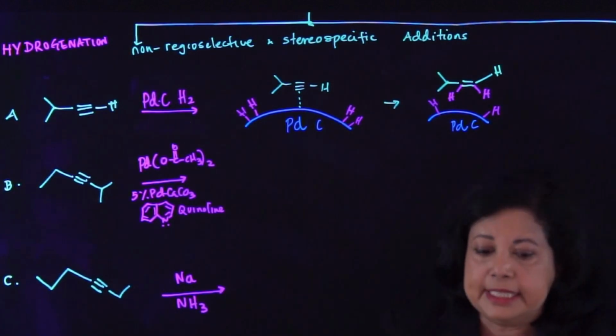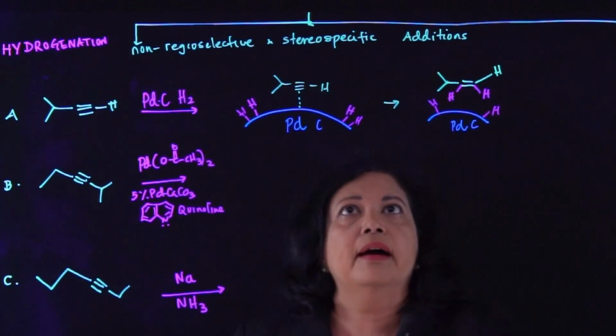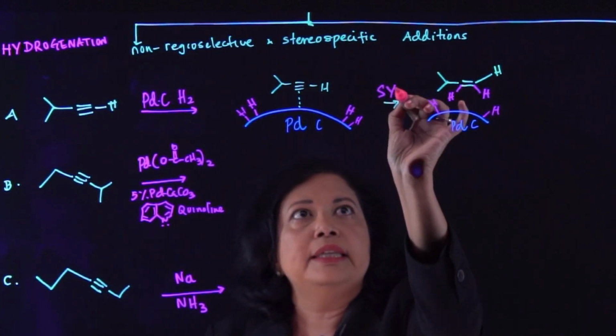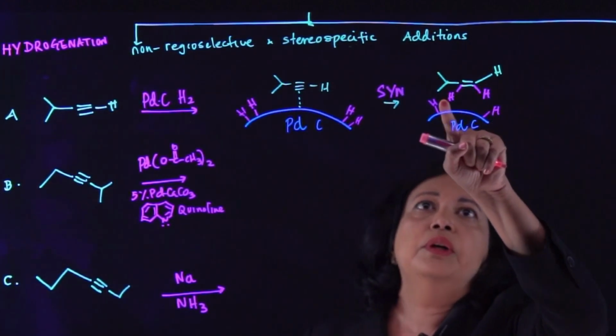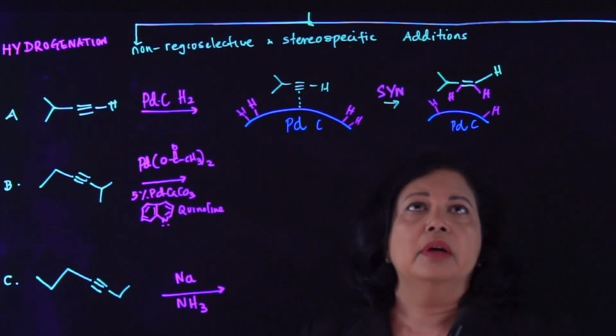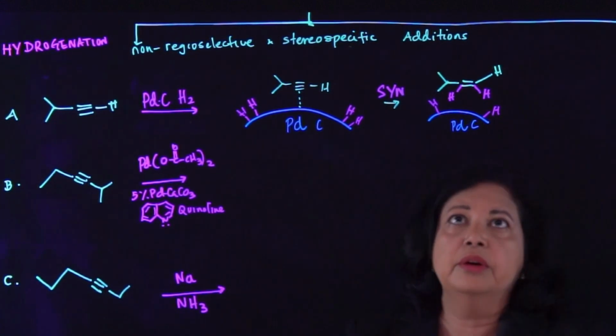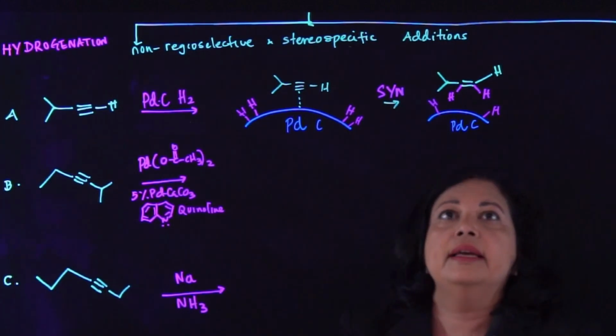So it is a syn addition just because you can put those hydrogens only on one side. So therefore it is stereospecific and syn. It's non-regioselective because it's going equally on both sides. It's not going more on one side or more on the other side. So there's no regioselectivity as such, and it is syn.